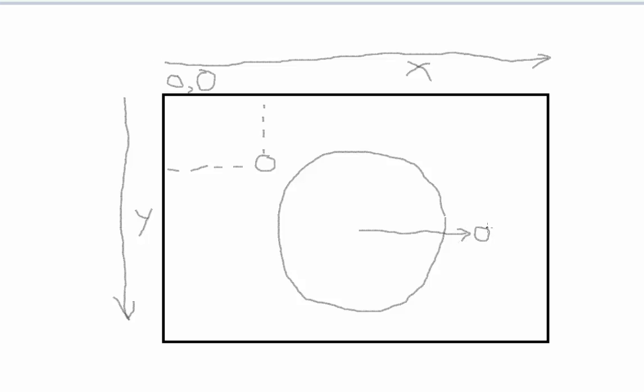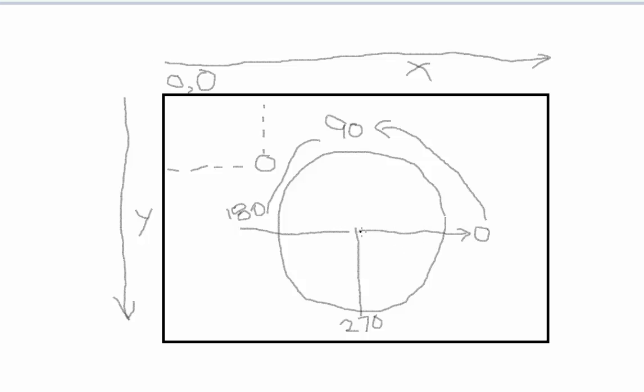That's 0. It then moves anti-clockwise this way, and this will be 90. And as we go around, we get to the opposite direction, which will be 180. And then straight down would be 270. So that's the way directions in GameMaker work.